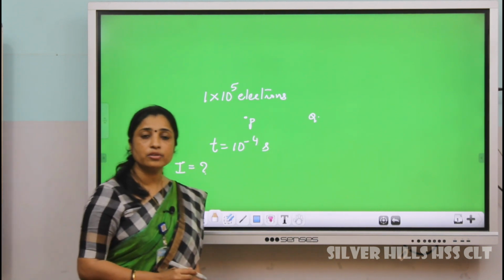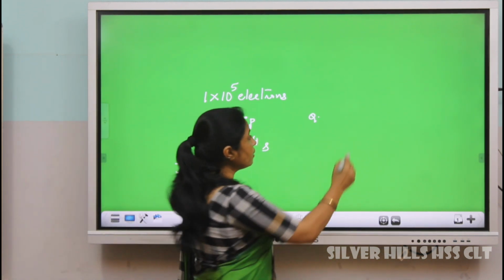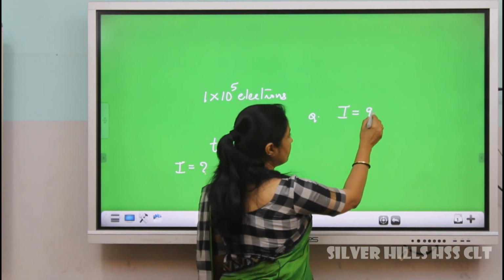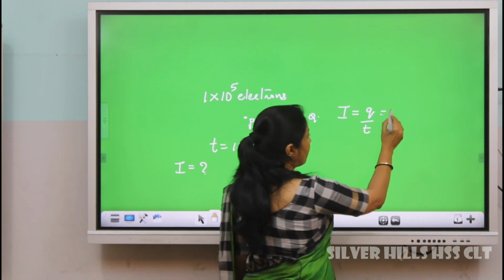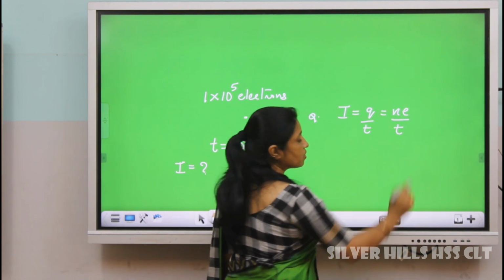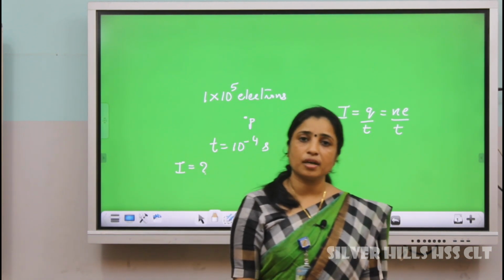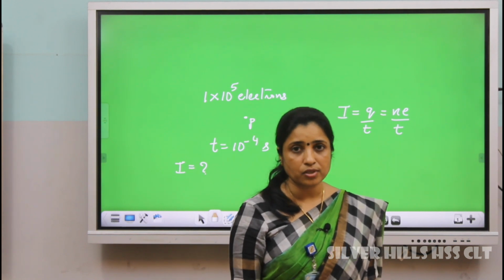Here we are going to use the basic formula I is equal to Q by T, which can be substituted by N E by T, because Q is equal to N E, which comes under the property quantization of charge.